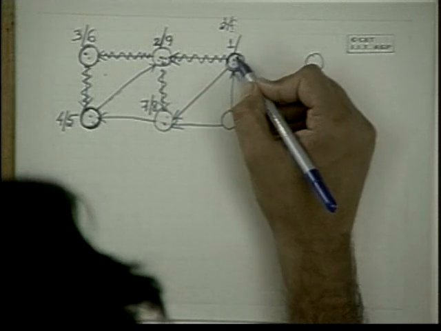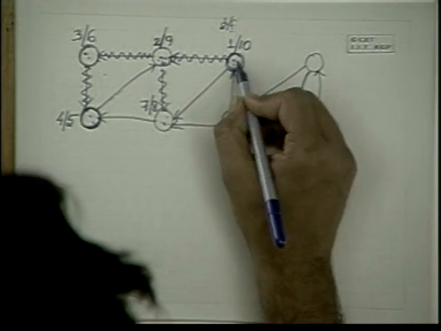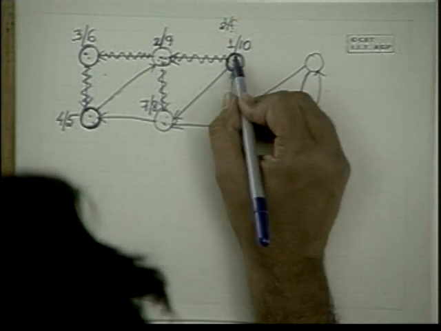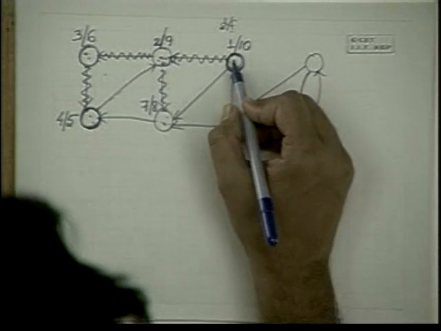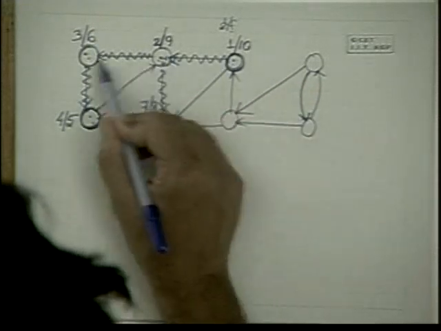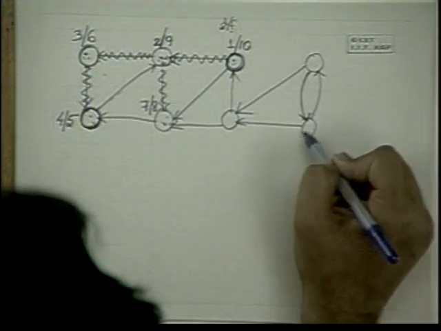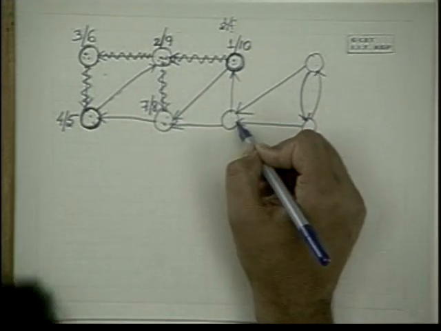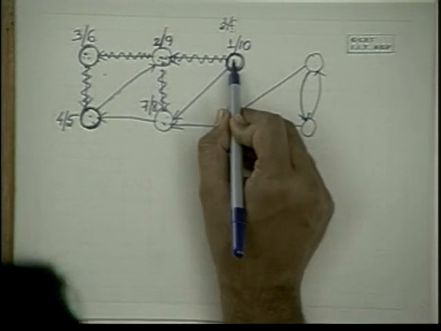In that case, this is also done, and its finish time will be recorded as 10. Now we started the visit call from this node, and the visit call has come back and it's done already. And this particular visit call has visited these nodes, but you can check that all these 3 nodes are not yet visited, because those 3 nodes could not be reached from this particular node.